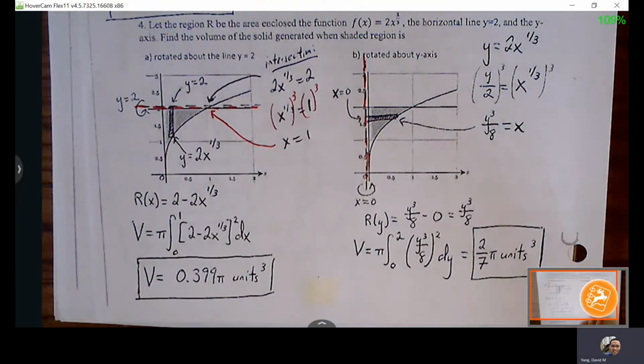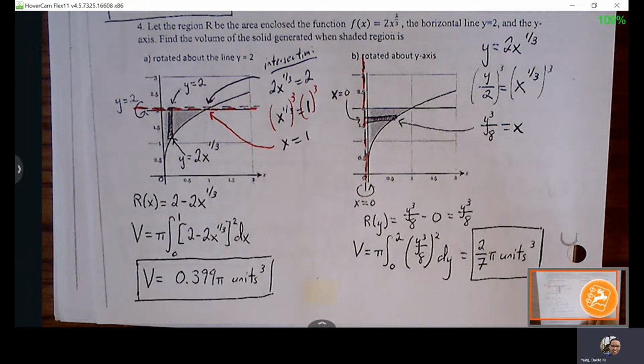Okay. And that's another thing to be aware of. When you do right minus left, not only do you have to rewrite the equation, you have to reorient how you involve the bounds, right? We don't go bounds from left to right. We're stacking these disks from the bottom to the top. So we've got to do y values for your bounds.